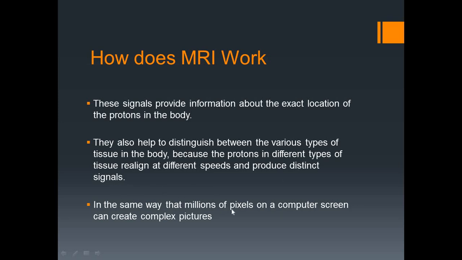In the same way that millions of pixels on a computer screen can create complex pictures, the signals received vary over time and give information about position, and the computer processes this every time and gives us the complex picture.